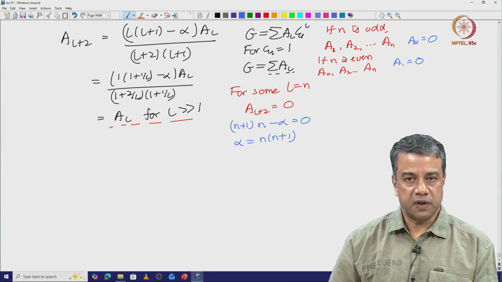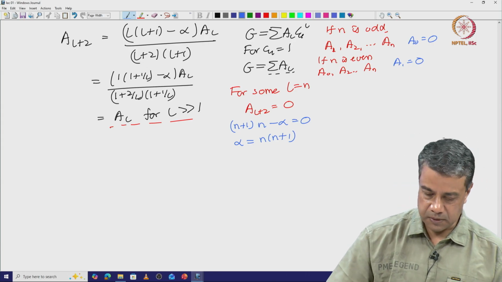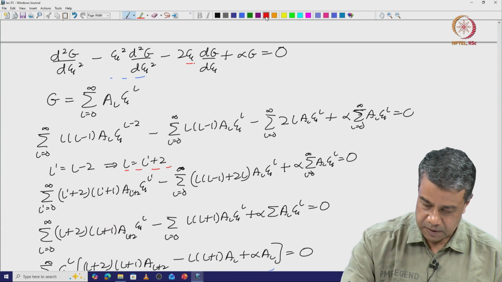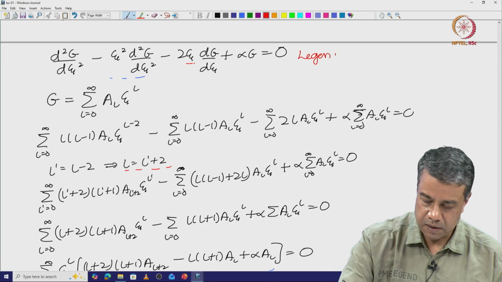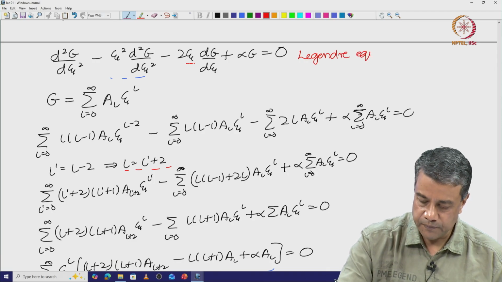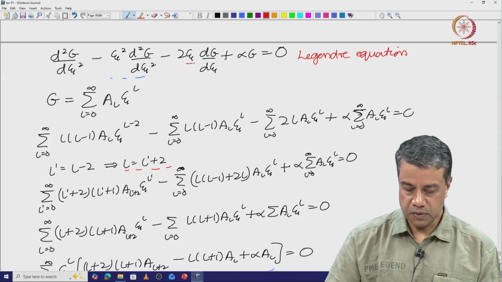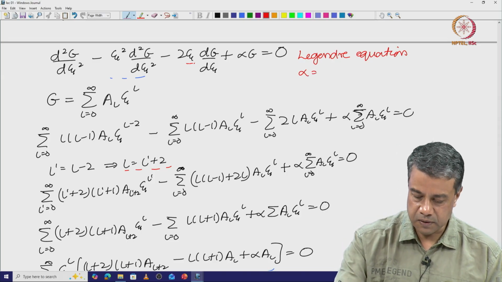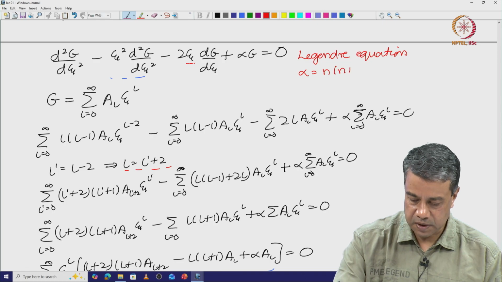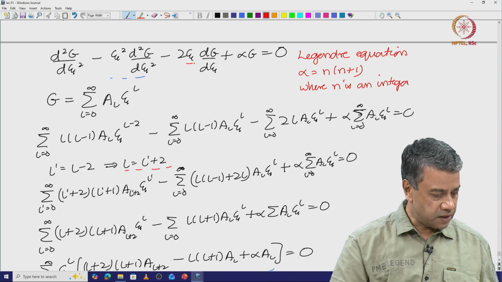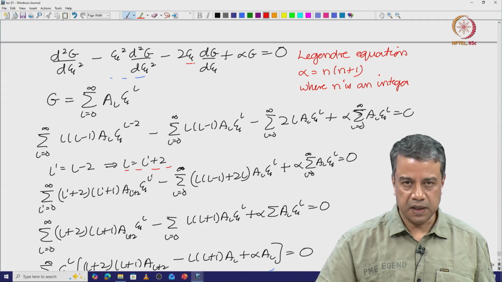So, the basic point here is that this Legendre equation has a finite solution only if alpha is equal to n into n plus 1, where n is an integer.